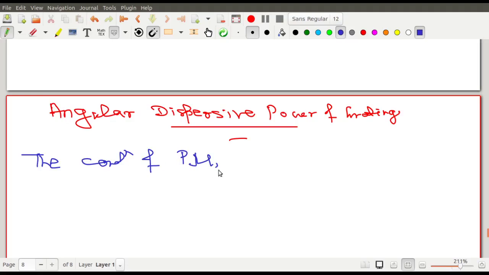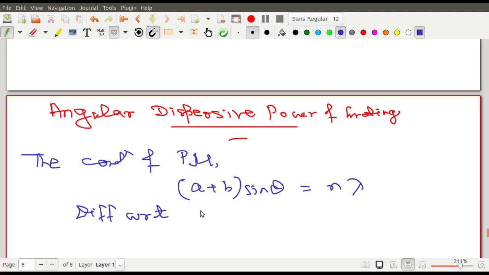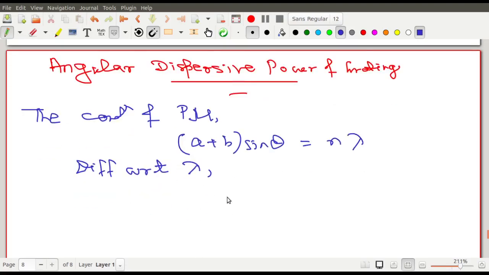So the condition of principal maxima is a plus b sin theta equals n lambda. Let us differentiate with respect to lambda. Differentiating with respect to lambda gives a plus b cos theta d theta by d lambda equals small n.